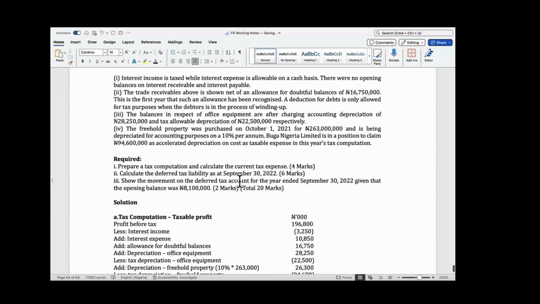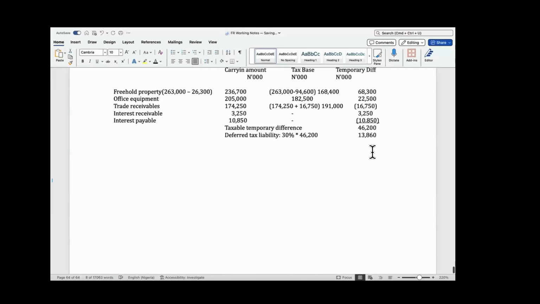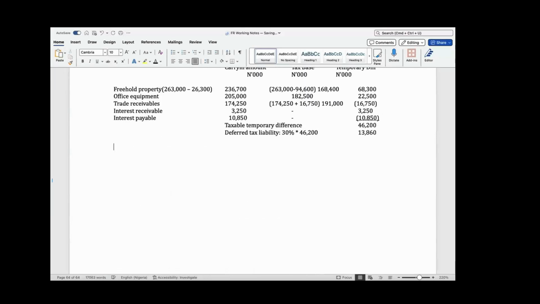And now they want me to show movement in deferred tax account. What's my opening deferred tax?